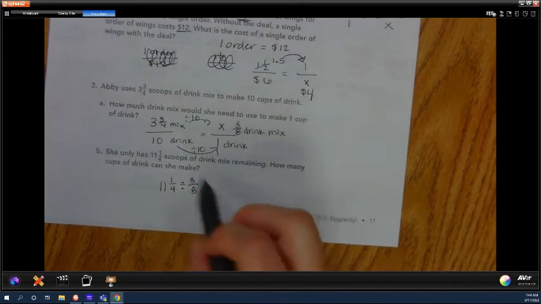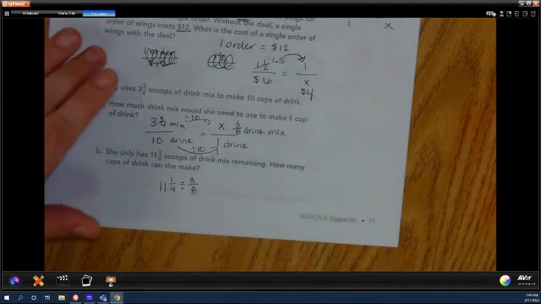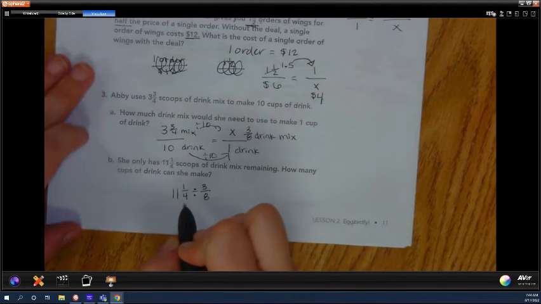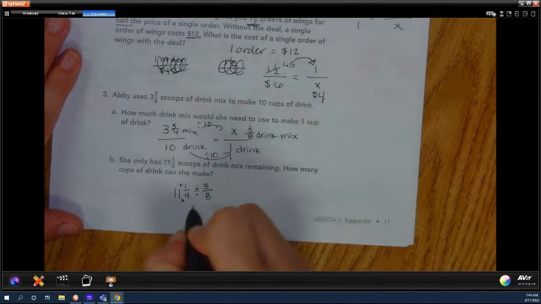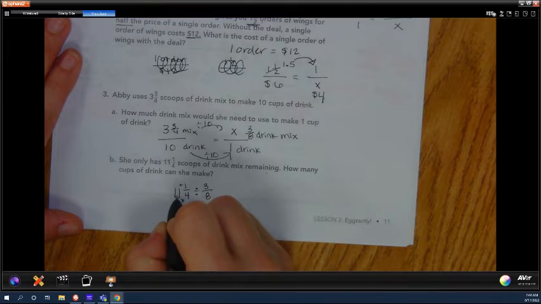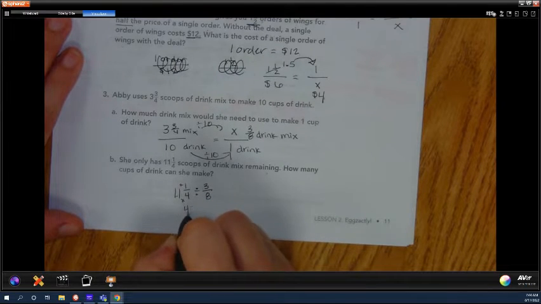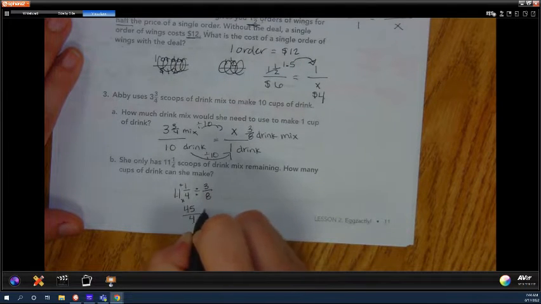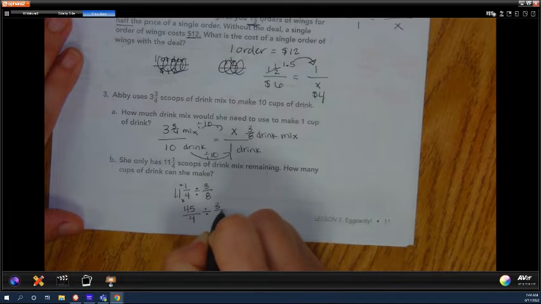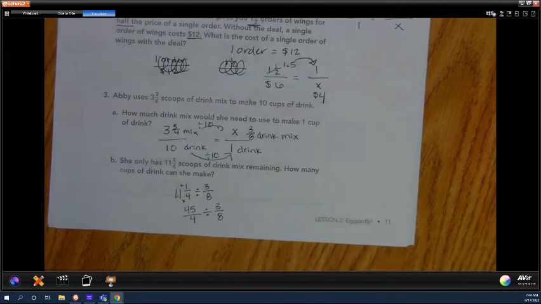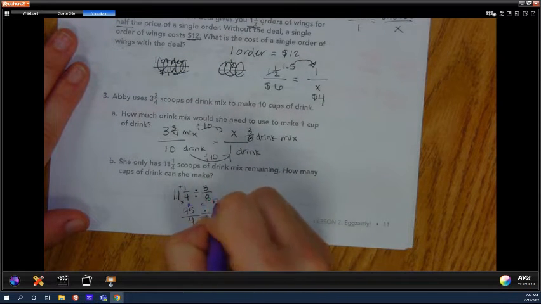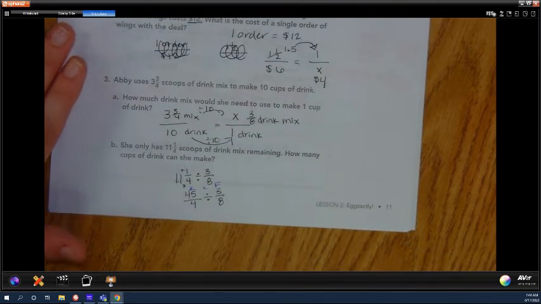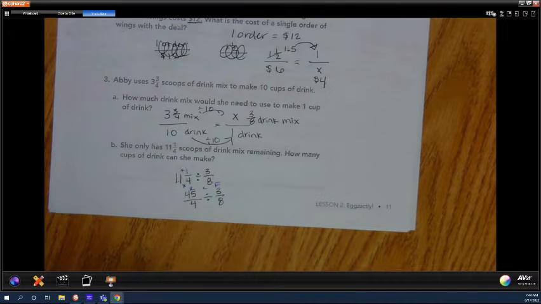All right, well, dividing by fractions, this is a little fun. I love this. The first step I need to do is change my mixed number into an improper fraction. So I'm going to go around the world. 4 times 11 is 44, plus 1 is 45. So I'm going to have 45 over 4 divided by 3 over 8. And then we get to use our handy dandy keep, change, flip, or as I like to say, Kentucky fried chicken: keep, change, flip.